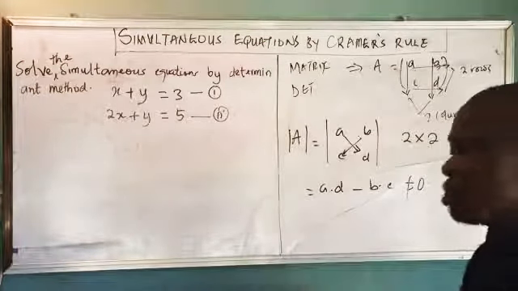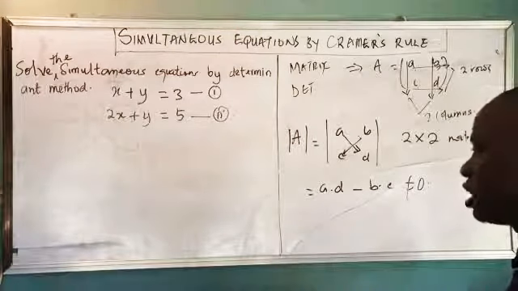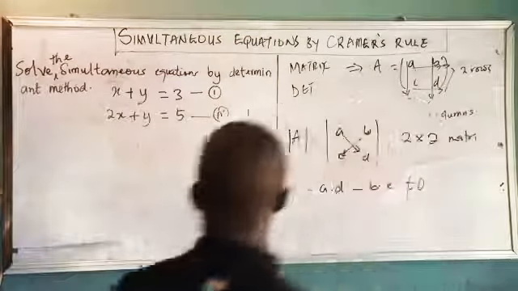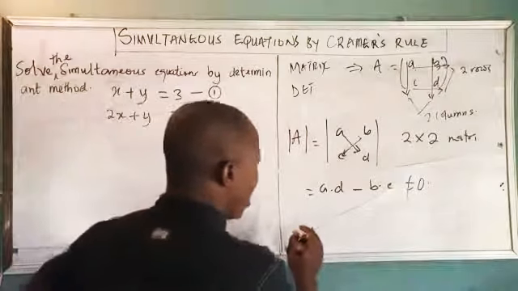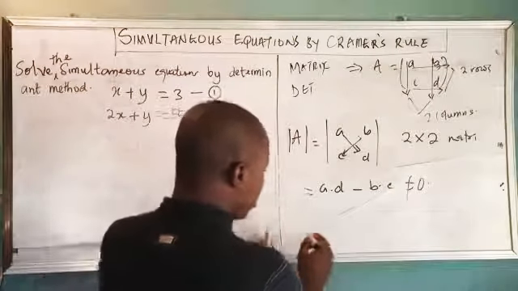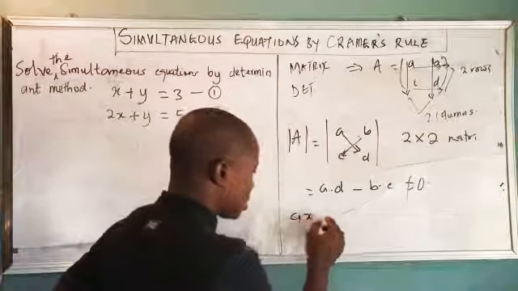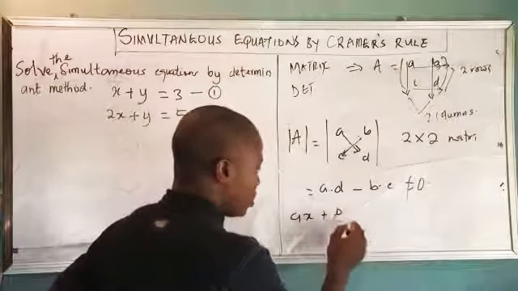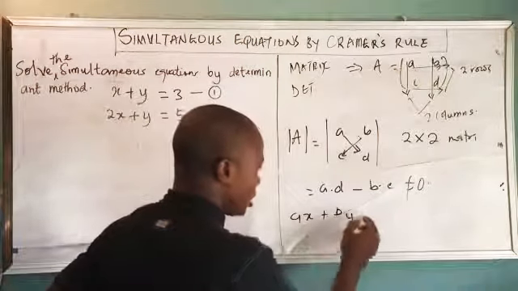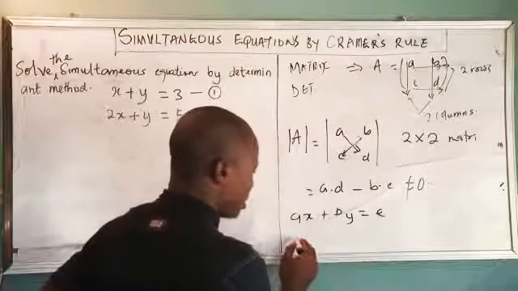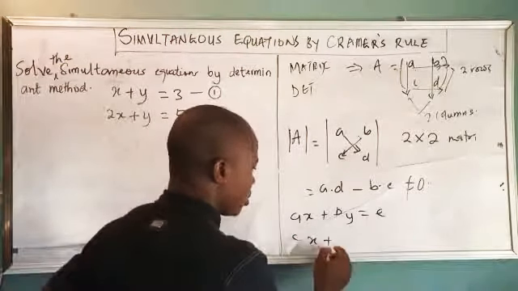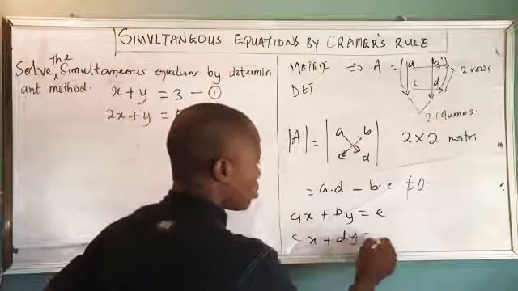When the determinant is not equal to 0, we can have the solution. Let's say we have the equations ax plus by equals e, and cx plus dy equals f.